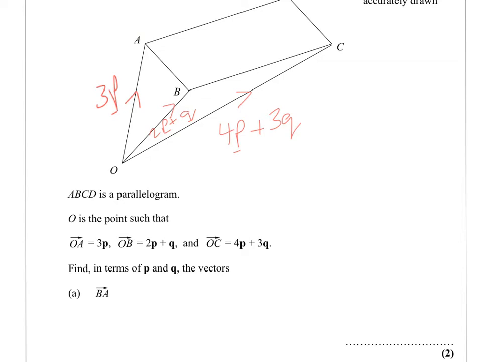I've got to find a route from B to A using pathways that I know. So how do I get from B to A using pathways I know? Well, I would go this way. But I'm going to go against the flow of the arrows. So I would go minus 2p minus q, going against the flow, plus the 3p, which could be simplified to p minus q.